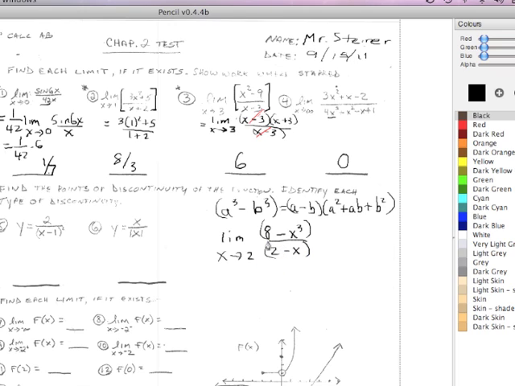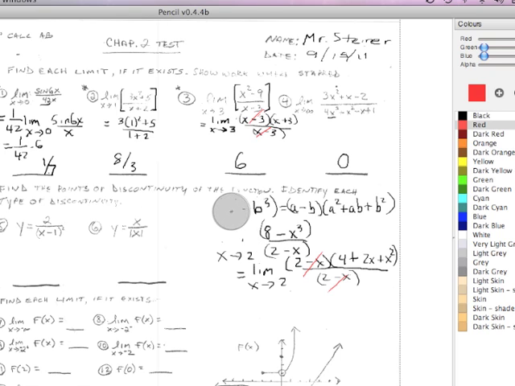You can see we can't use substitution here, but we can say this is the same as the limit as x goes to 2 of, let's factor the top, 2 minus x times 4 plus 2x plus x squared, all over 2 minus x. Now we get some cancellation, and now we can use substitution. So that's just an example of another possible question.